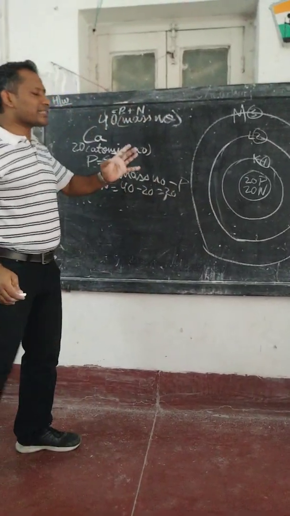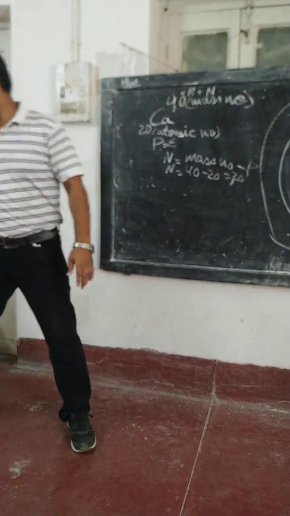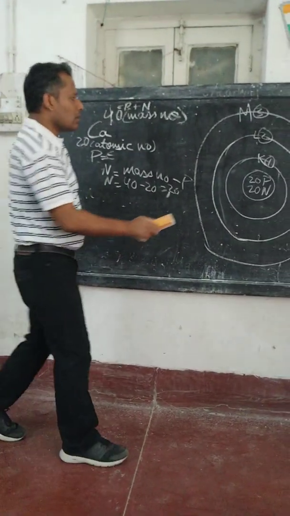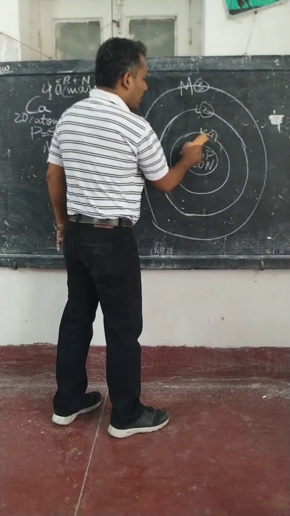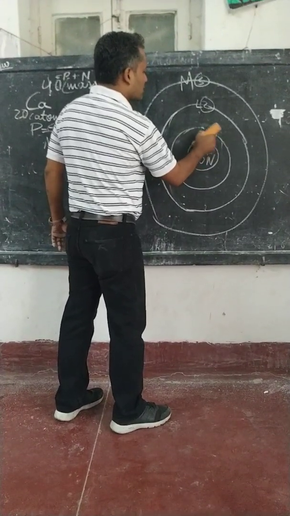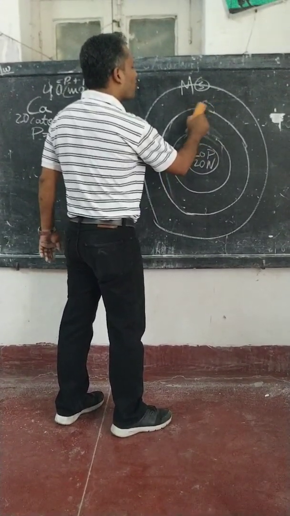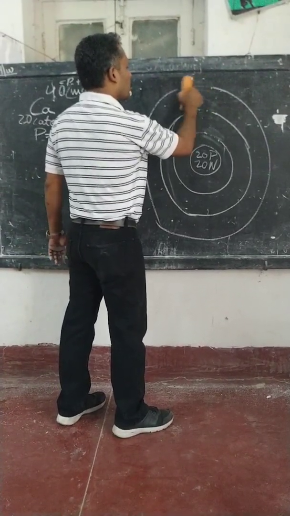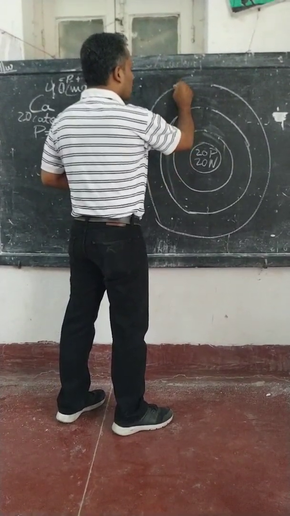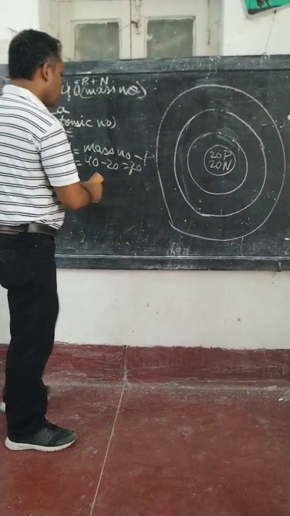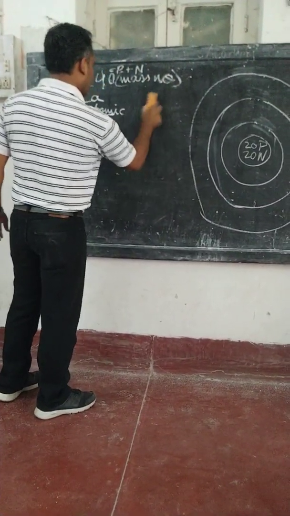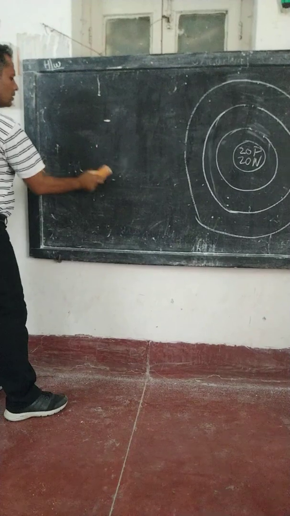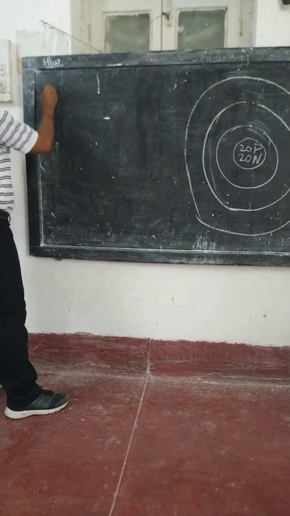Now let us understand how these electrons will be arranged. For understanding the arrangement of electrons, there is a scheme called the Bohr-Bury scheme of electronic configuration. Now, one more new definition you have to study, the third definition.